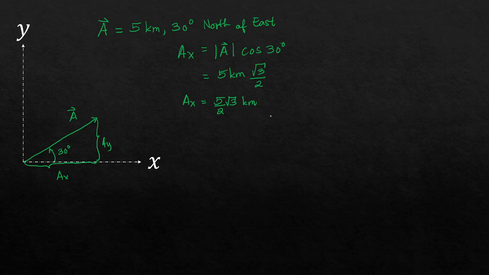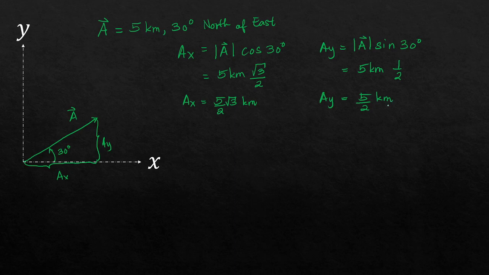Now for AY, that would give us the magnitude of A, and then sine 30 degrees, so that would still be 5, and sine 30 degrees is 1/2, so AY would give us 5/2 kilometer.